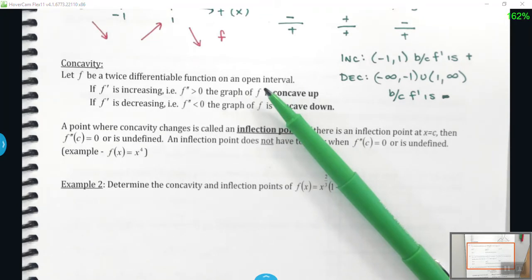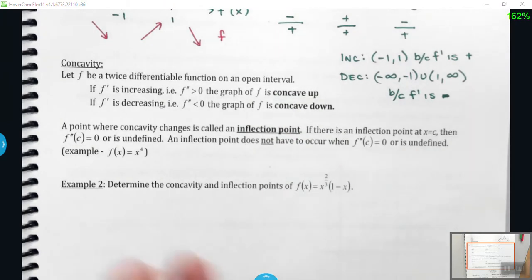Which would mean that my original would be always concave up, which it is, since it's a quadratic, and quadratics are always concave up, right? And that would mean that my first derivative is always increasing, and my second derivative is always positive. So there's always a link between the three graphs.